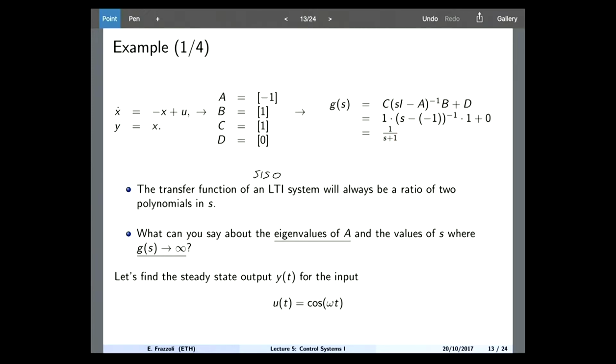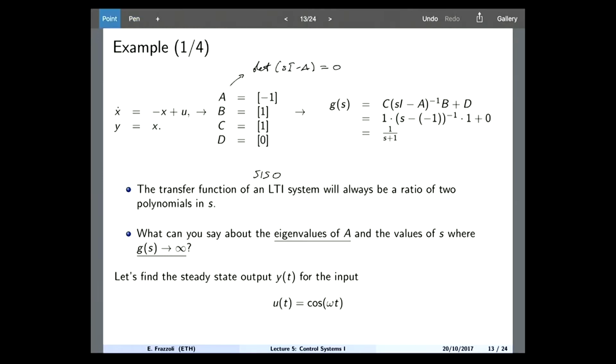You remember how I compute the eigenvalues of A? The eigenvalues of A are obtained by setting the determinant of sI minus A equal to 0, right?